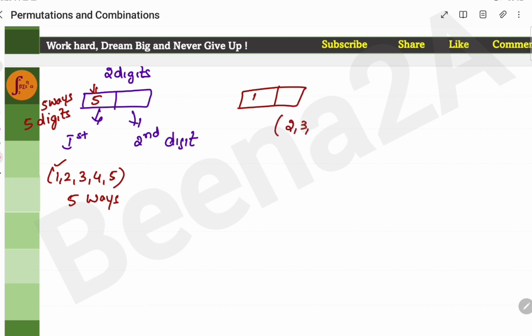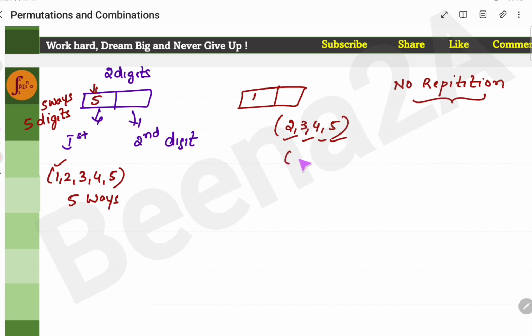I'll have 2, 3, 4 and 5, because 1 I have already chosen, and I don't want repetition. So I can't have the same digit in the second digit. It should be different. It can be either 2, 3, 4 or 5.